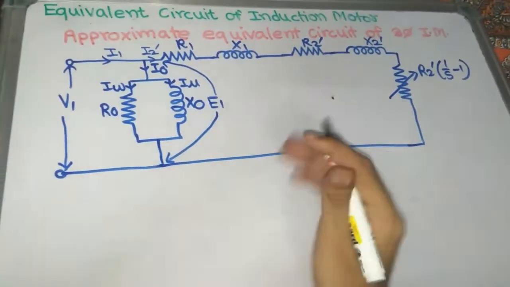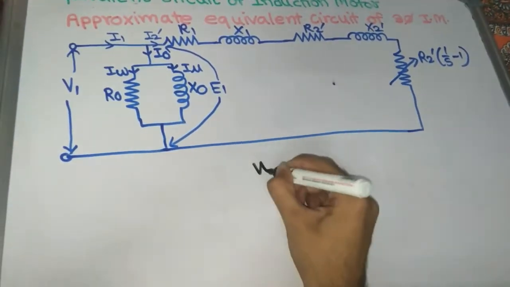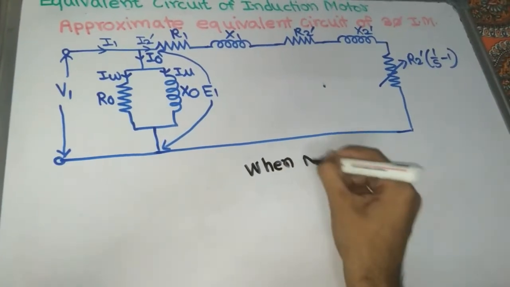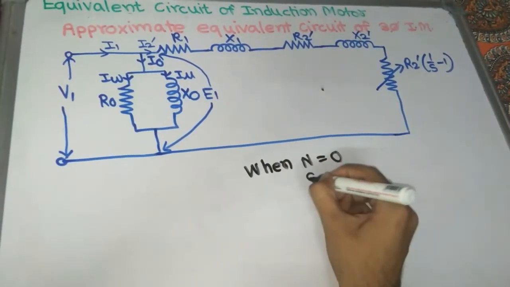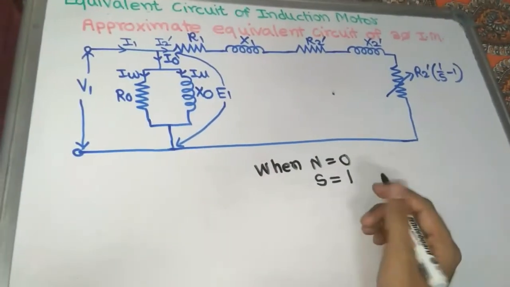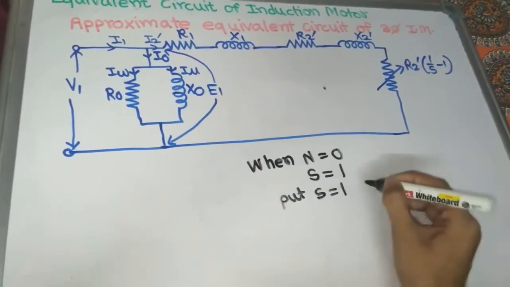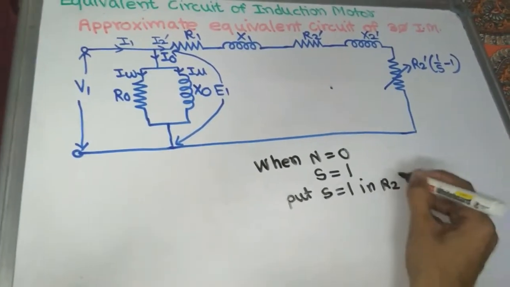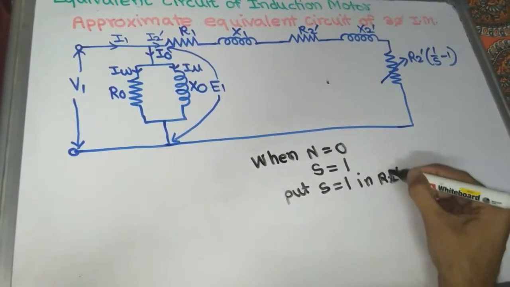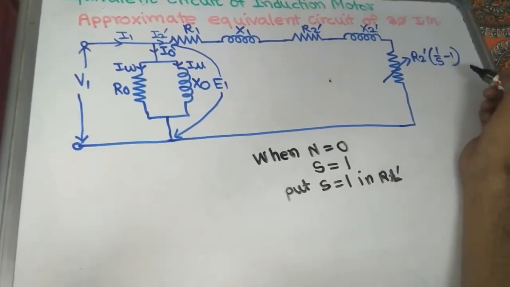Now we can analyze the three-phase induction motor in the case of starting. When N equal to 0, meaning speed equal to 0, slip is equal to 1. We have already seen this. So now we put slip S equal to 1 in RL dash, which is R2 dash in bracket 1 by S minus 1.